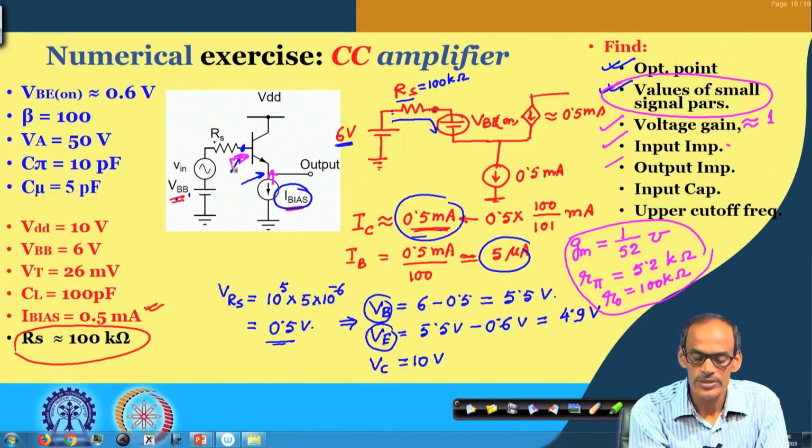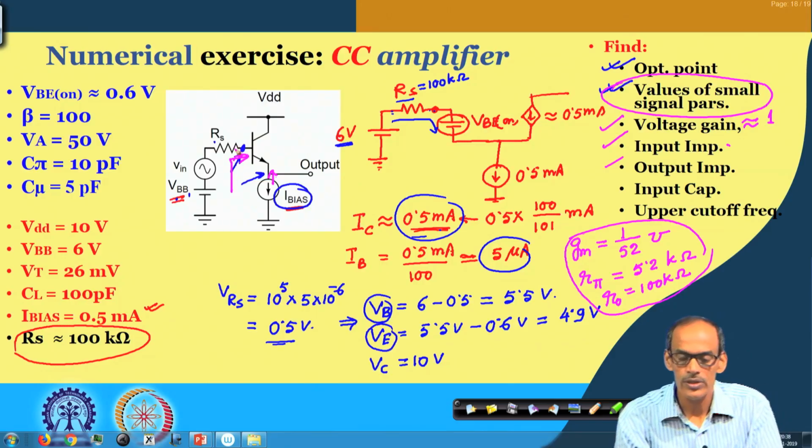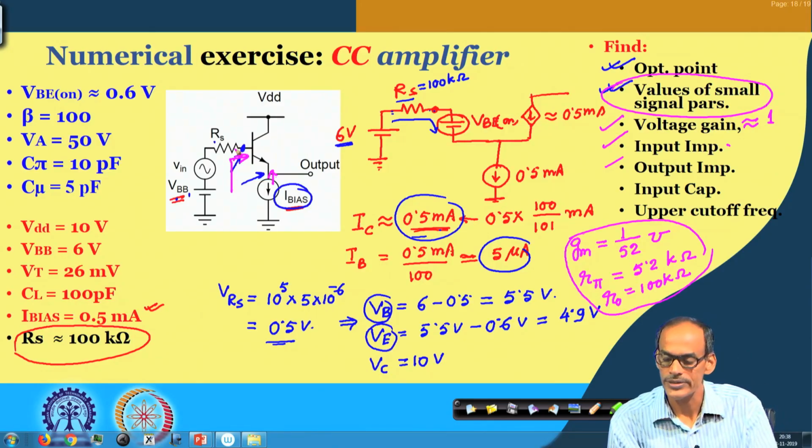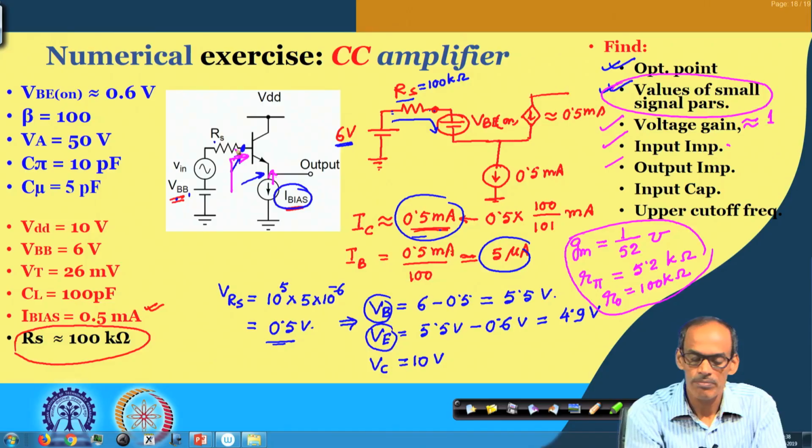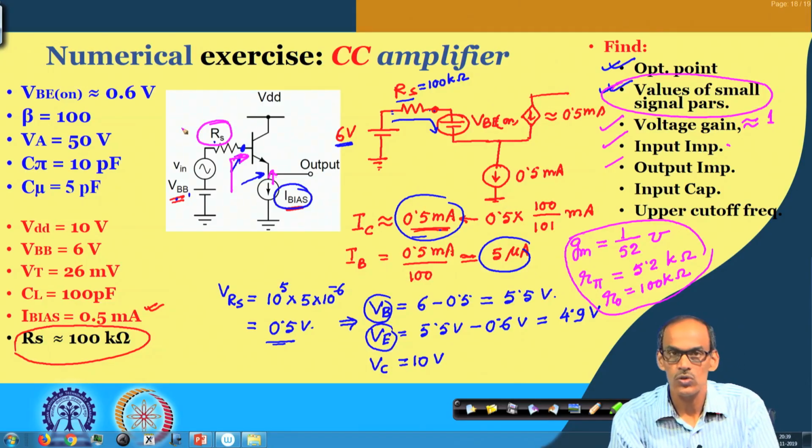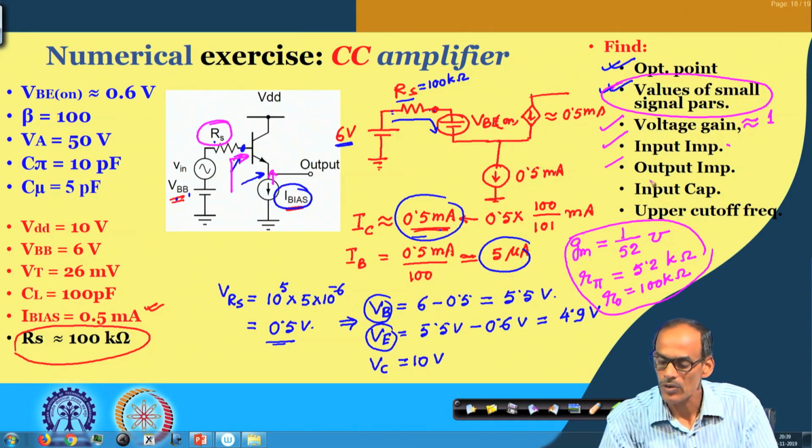The input impedance looking into the base remains unchanged, but of course, due to the source resistance Rs, the output impedance will be different. Input capacitance again will be approximately C mu.